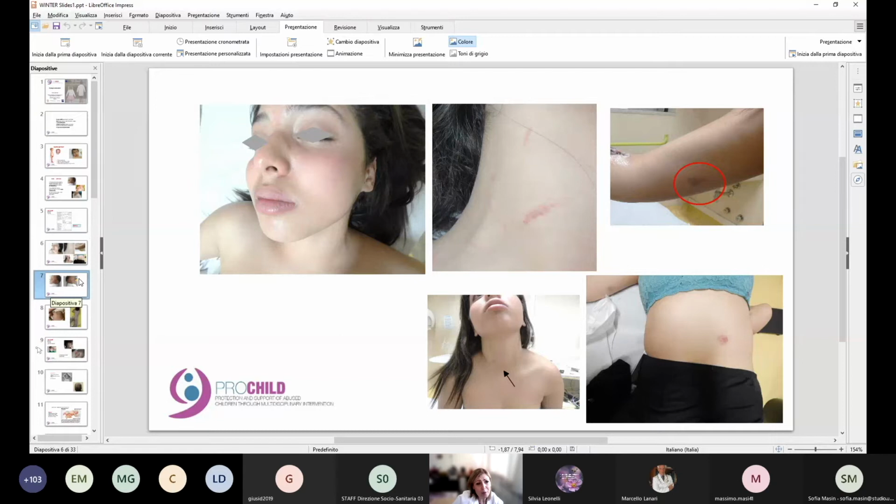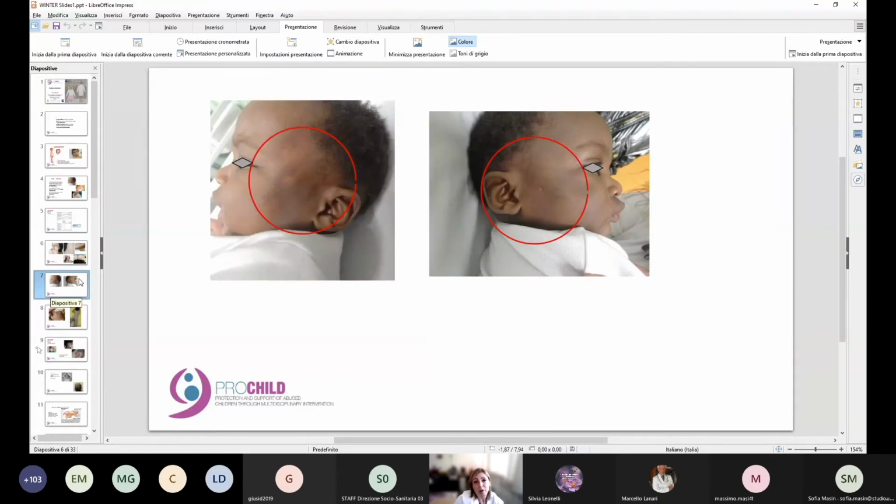Then we have to consider the age of the child, because when you find bruises, like in this case, on both sides of the face, so bilateral bruises, on this baby who is 9 months old, so is not able to walk or to have such an activity to create such bruises. So immediately we have to suspect an abusing condition.